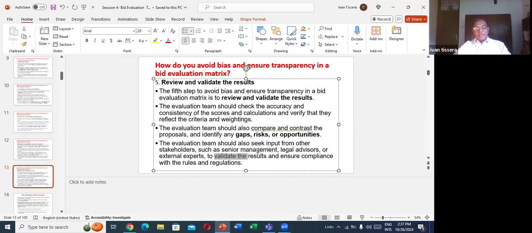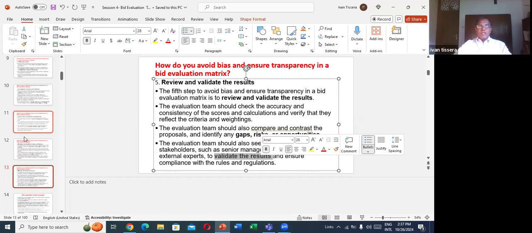Validate the results. So other people also give their objective opinions, and then we can ensure our decision is correct, especially senior managers. That is not in Sri Lanka, but our system has no provision for that, only within the committee, right? But the head of the department or secretary can take the decision, right?